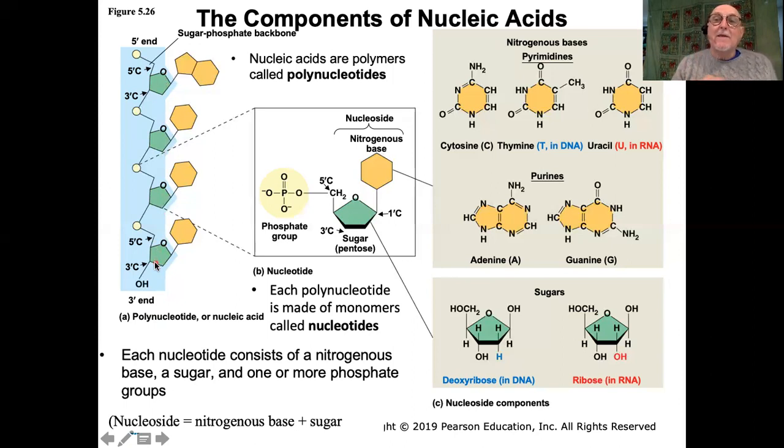That's not to say that the order in which they are joined together is random. It is not. The order is determined by genetics. This is the recipe that is lodged in the gene. The gene contains the recipe for the order in which these bases must be added.